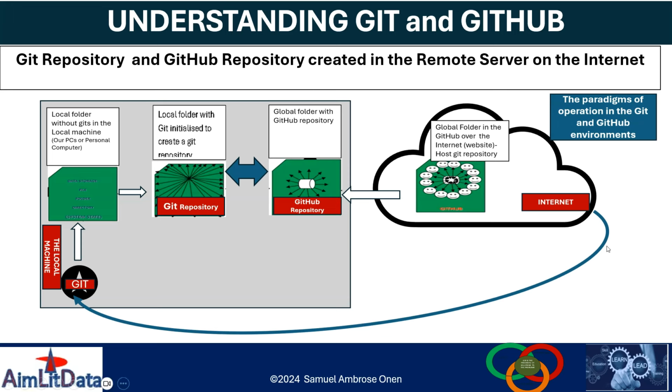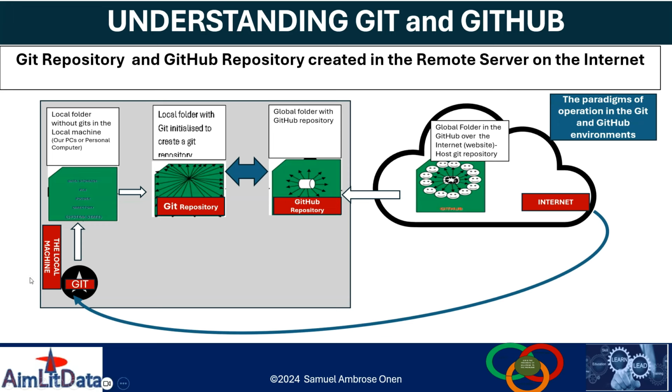Remember, our first step was to install Git, and it is symbolized or indicated by this long arrow coming to our local machine. The local machine was empty without Git, but it contains just the local folders, the ordinary folders we would normally have on our computer without the Git program.